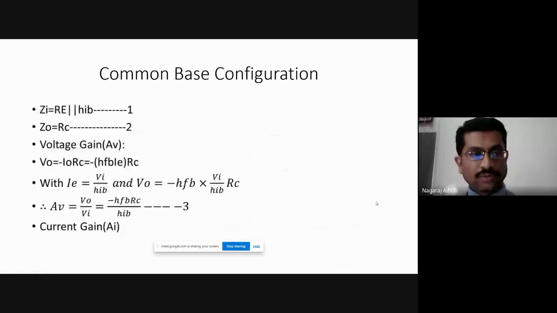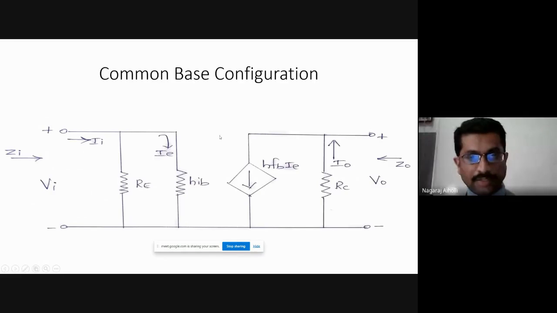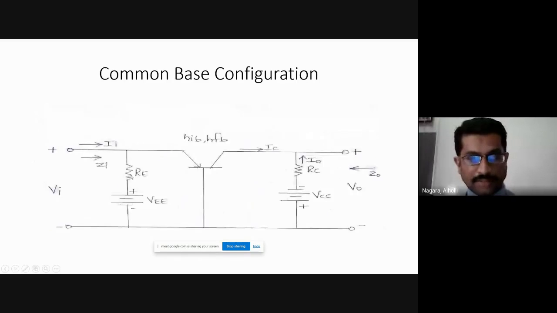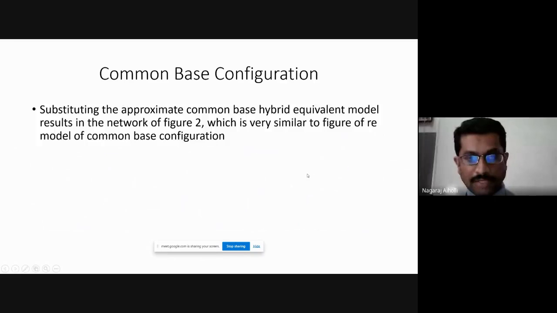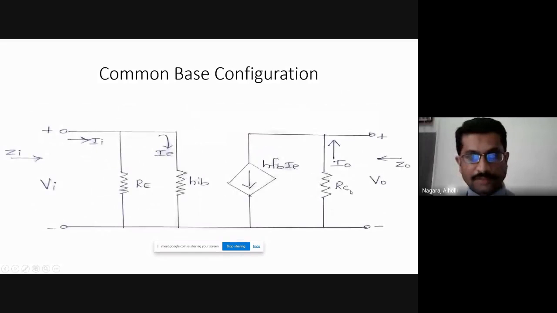Now for this circuit we are finding the performance parameters for the approximate hybrid model of the common base configuration. We have already dealt with HIB, HFB, IE; only the other portion is replaced here, that is RE and RC.